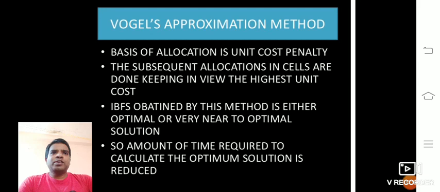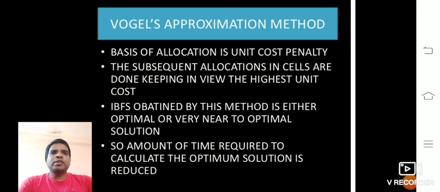Among these three methods, the difference is only the allocation process. In the northwest corner rule, we start the allocation process with the northwest corner cell, and in the lowest cost entry method we start the allocation process with the lowest cost.